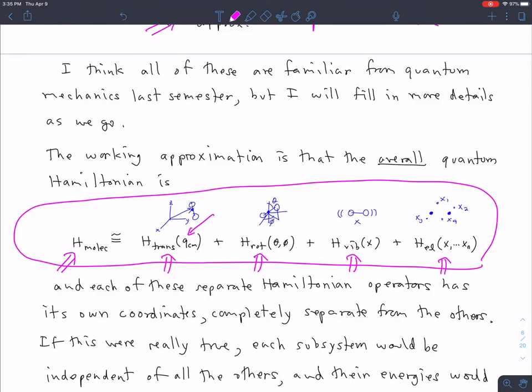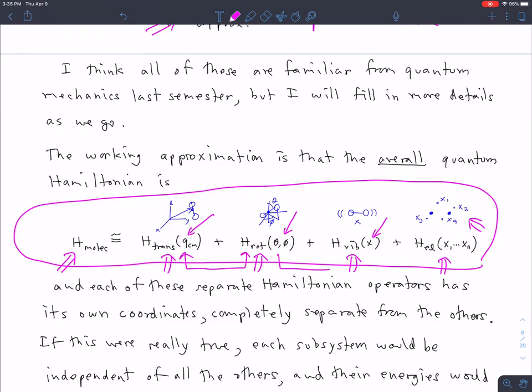It depends on the position of the center of mass for translations. It depends on the angles of rotation for rotation. It depends on the stretching or compression variable for vibrations, and it depends on all the electronic positions for the electronic Hamiltonian.